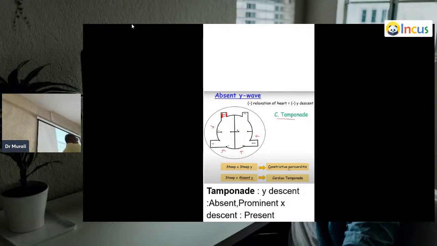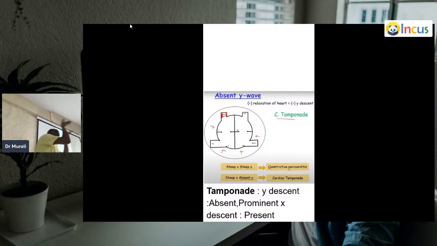So if the ventricle collapses during diastole, can the atrium fill the blood into the ventricle? No. Right? Because it's collapsed, how can it push the blood into the ventricle? Because of that, what is the cause for the Y descent to happen? If the atrium pushes the blood into the ventricle during ventricular diastole, and the ventricle receives the blood nicely, then the pressure in the atrium will fall down.